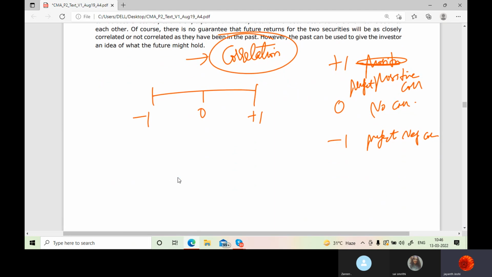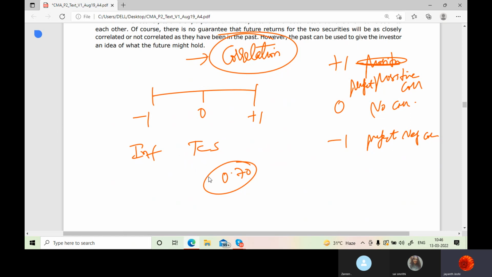Let's say that I have found out the correlation between Infosys and TCS stocks, and I got the correlation as 0.70. What does it mean? It means the strength of the relationship between TCS and Infosys is in this way.